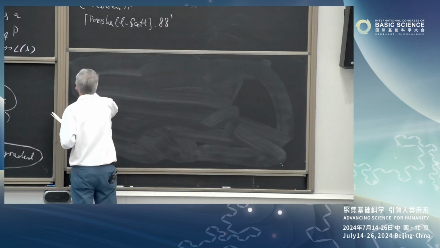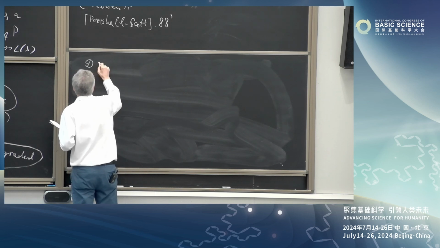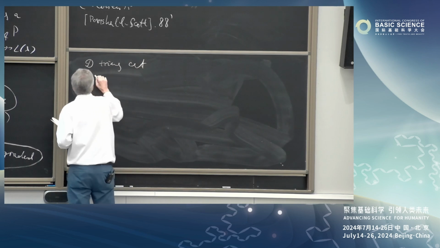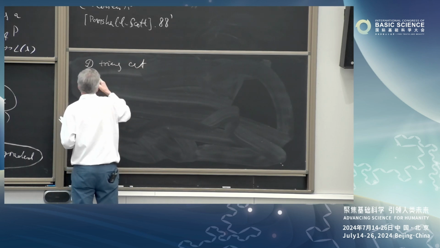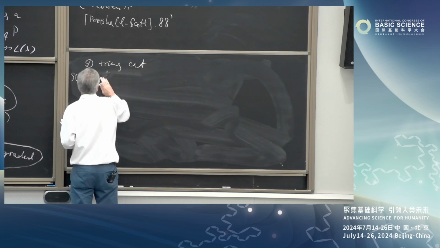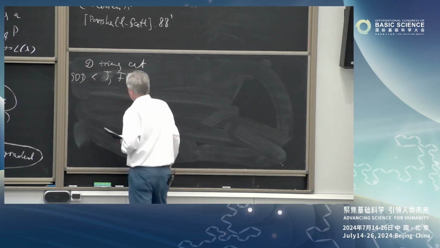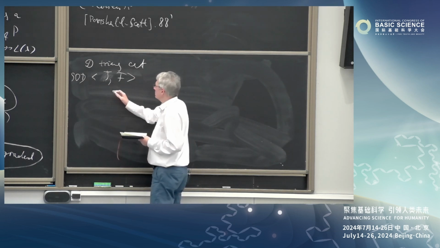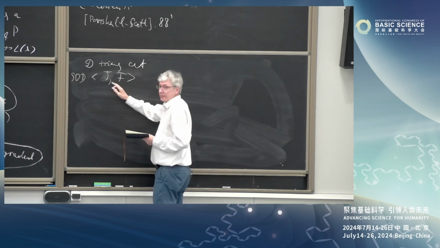The point is that if you have a triangulated category D, then there is a notion of semi-orthogonal pair or semi-orthogonal decomposition, SOD. It's a pair of subcategories, let me denote them by T and F, such that T is a left or right admissible subcategory.